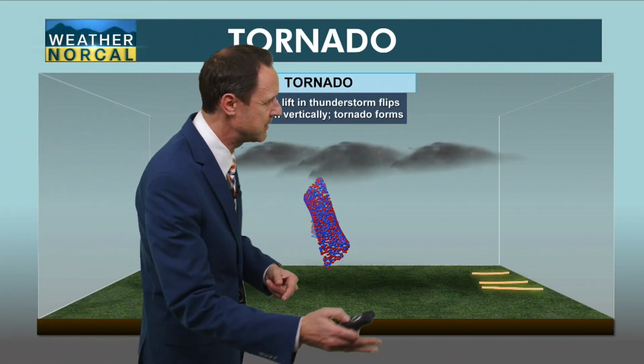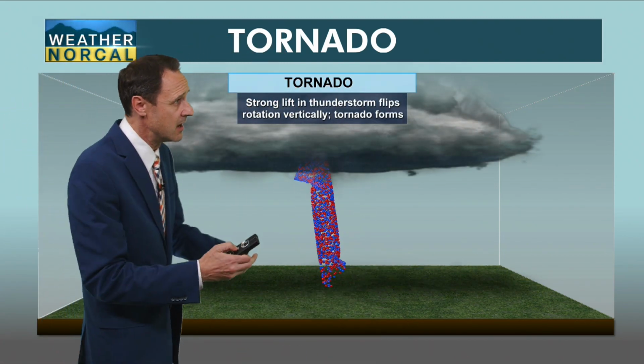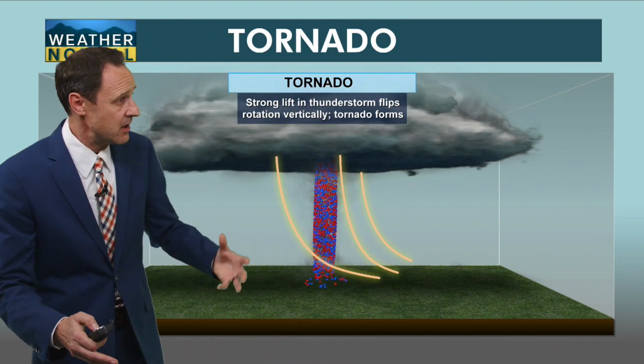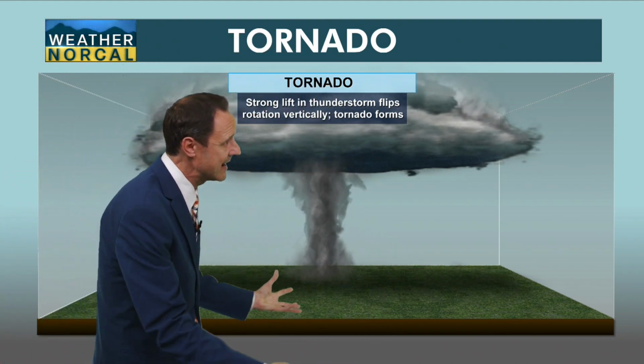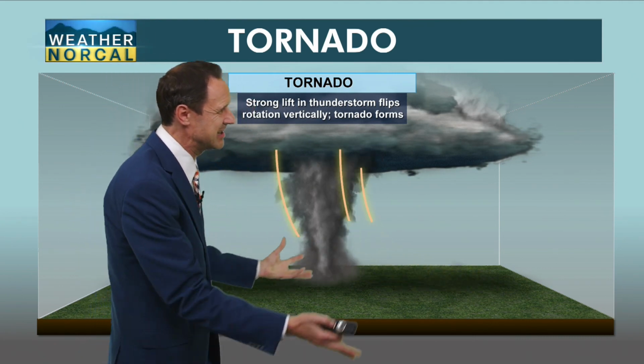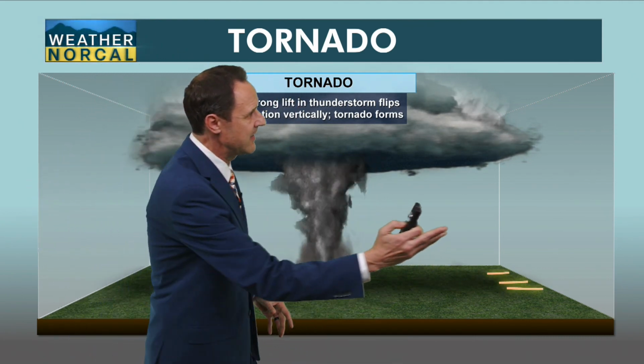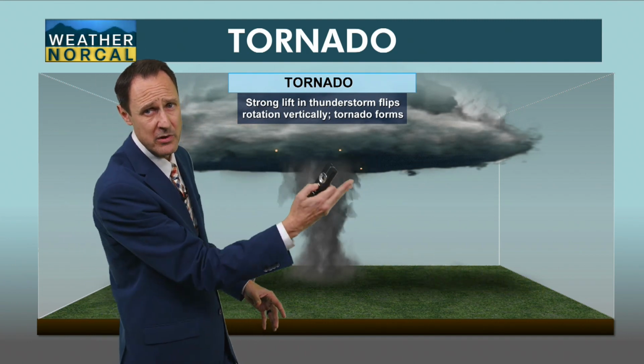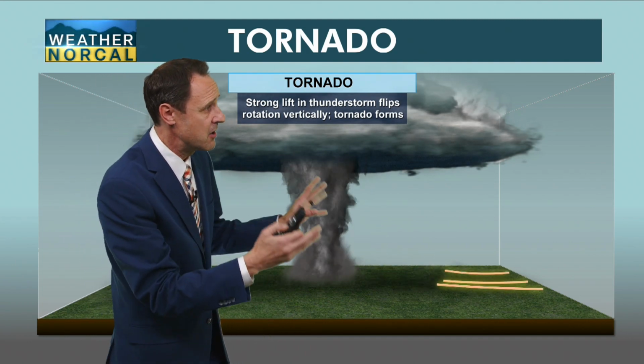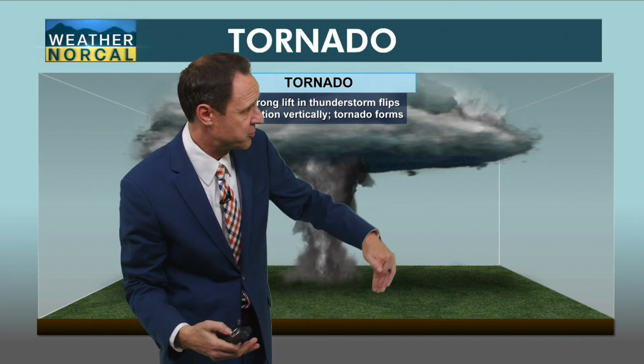All right, now let's talk about a tornado. I'm not necessarily going to talk to you about the formation of a tornado, but what happens with a tornado is the winds come in from all directions and get to the center of the storm. They get sucked up into the storm, and of course with that rotation. So think of it this way. If you have a tree here, it's going to try to get lifted up.